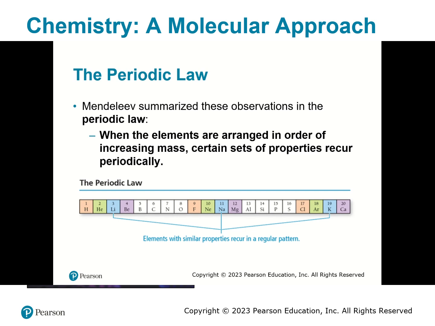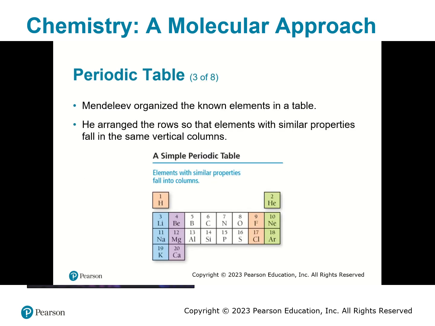The following list provides the atomic number, element symbol, and the elements highlighted for sharing similar properties. If you go to this column over here, all those elements have the same type of properties. They all have just one valence electron.